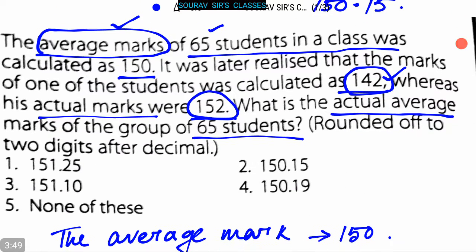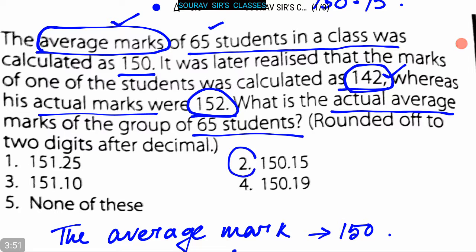So option 2, that is 150.15, is the actual average marks of the group of 65 students. So this is the answer.